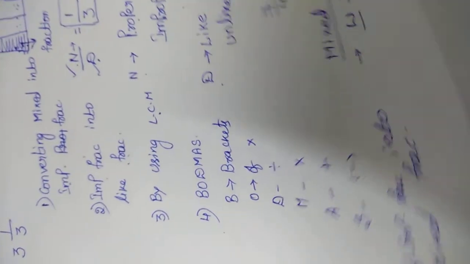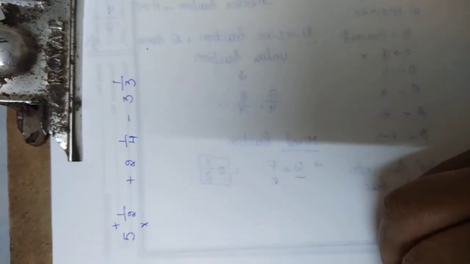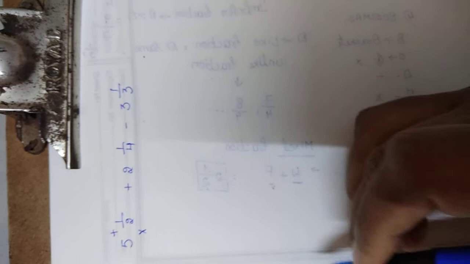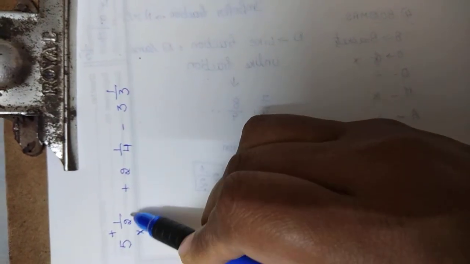Now let us start the problem. Just now I said that I am going to do the first step, nothing but converting the mixed fraction into improper. How can a mixed fraction be converted into improper? Simply by writing into and plus. This is the method we are going to follow to convert a mixed into an improper fraction. The multiplicative symbol is between the whole number and the denominator.